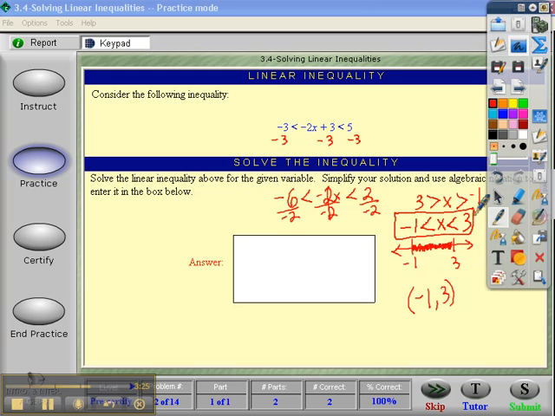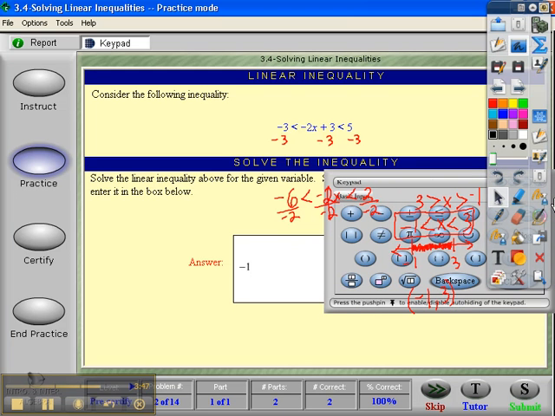Okay, so then we'll come over here and type in negative 1 less than, and I can use my keypad there. Sorry, it's all hidden. Let me get that back.